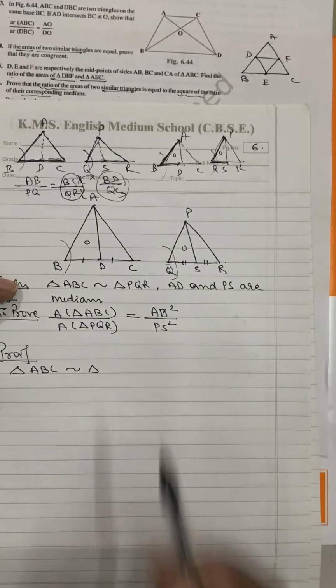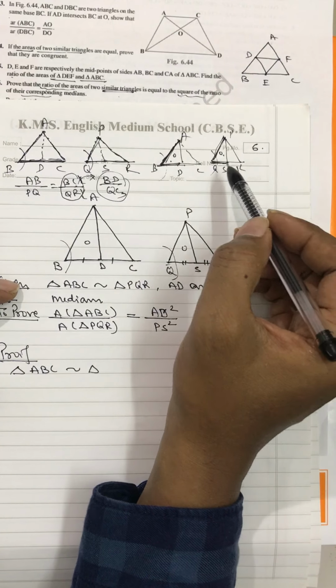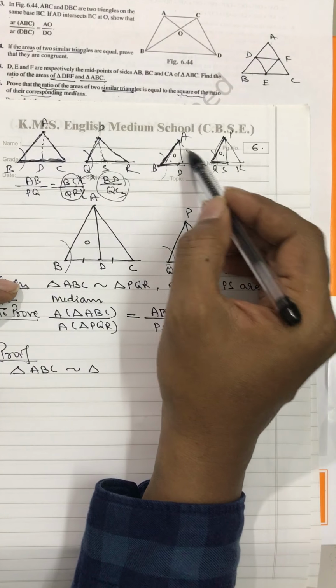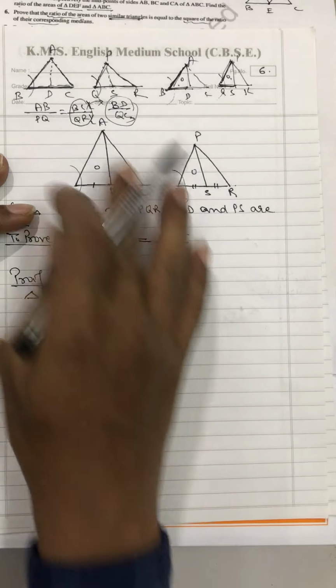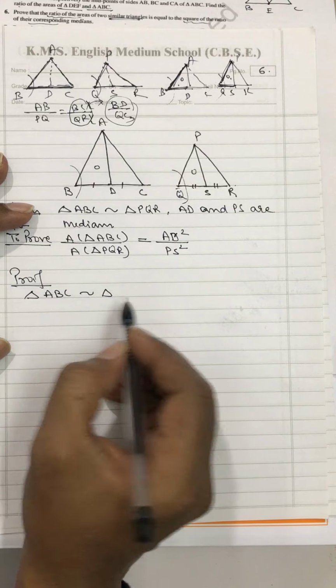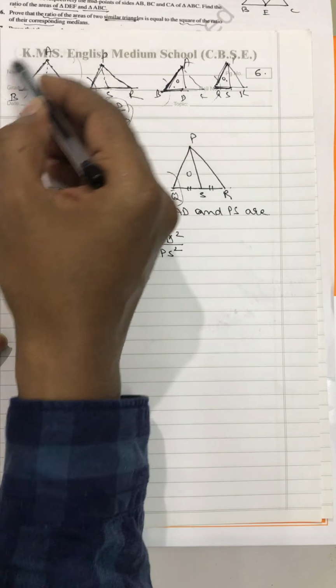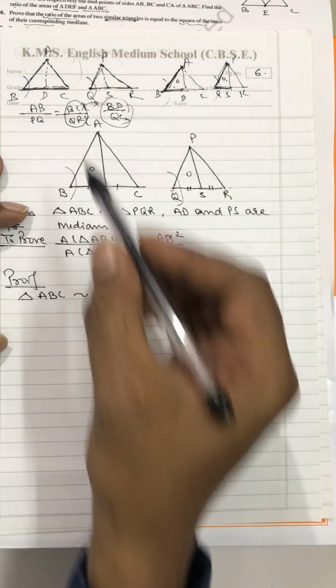Therefore they will be similar. And then AB upon PQ is equal to AD upon PS. See, my dear students, you should be able to see this properly. Now I have moved from here till here. I hope you all have understood at least this much.